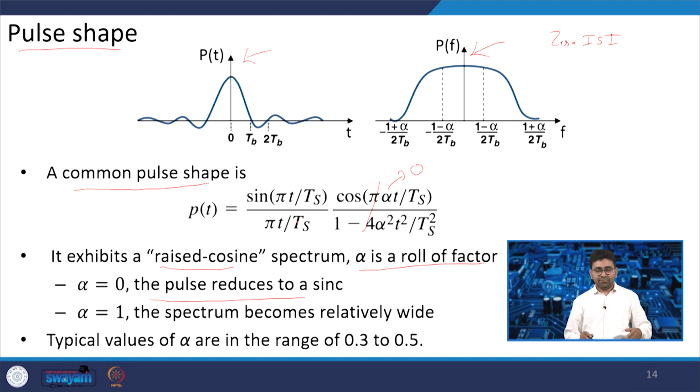So, you will have 0 ISI, and when alpha is equal to 1, the spectrum becomes relatively wide. The ideal value of alpha is 0, but in a practical scenario it is not possible to use alpha equal to 0. So, we typically use alpha between 0.3 and 0.5. We will not use more than 0.5.